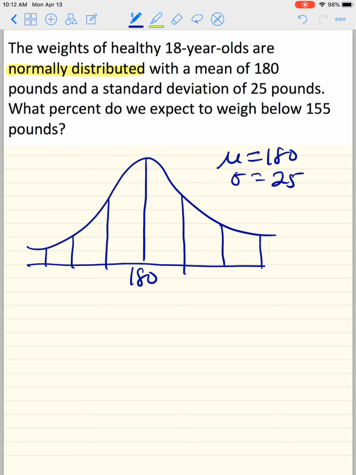So 180 plus 25 is 205, plus 25 more is 230, plus 25 more is 255. When we take away 25 from 180, we get 155, 130, and then 105.